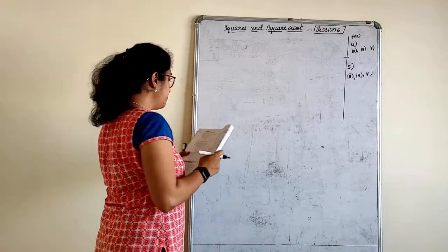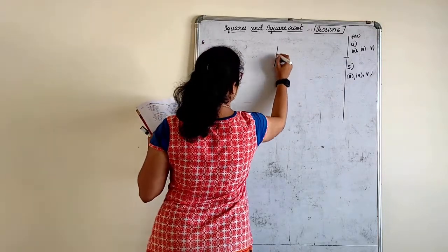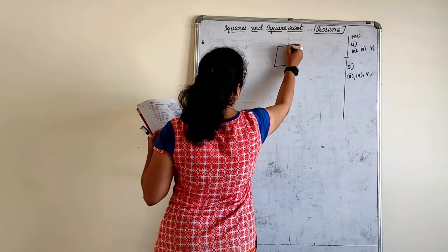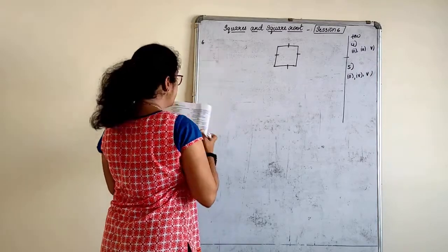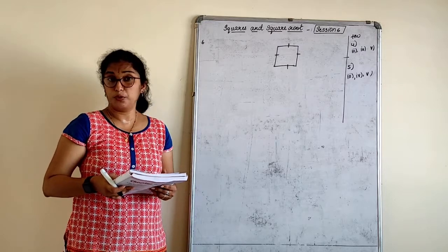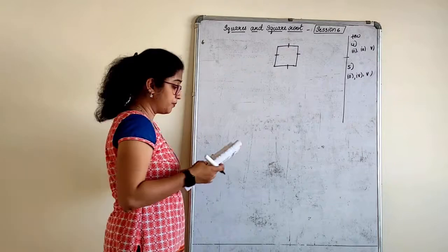So, sixth one, find the length of a side of a square whose area is 441 meters square. Now children, here they have not mentioned which method. It's up to you. You want to do it by long division or by prime factorization.